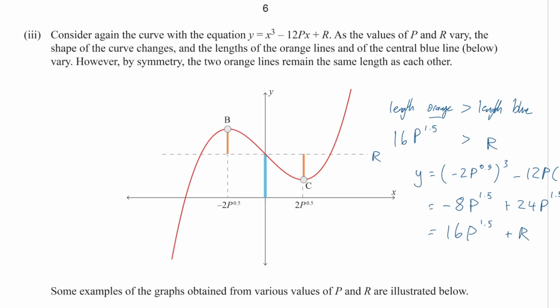And to get 3 distinct x-intercepts, we worked out that the orange line must be greater than the blue line. From that, we found equations for the length, and then we just put that in our inequality and then rearranged to answer the question.